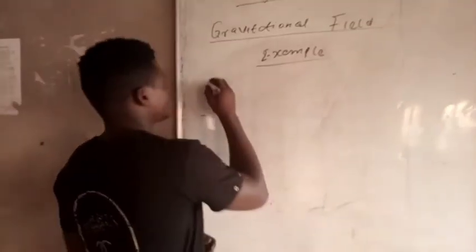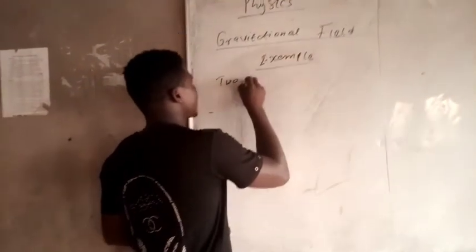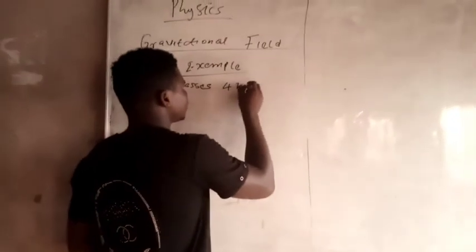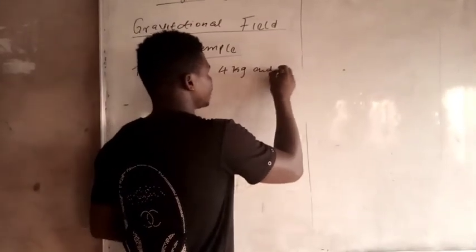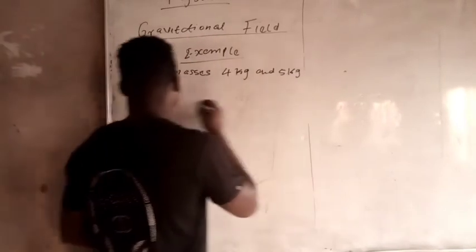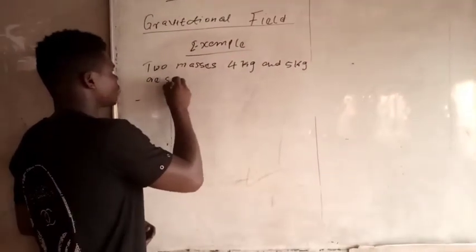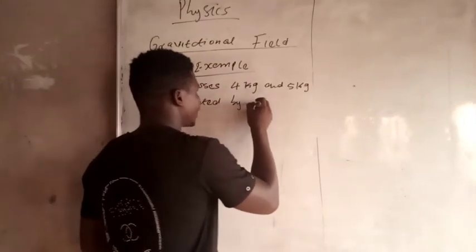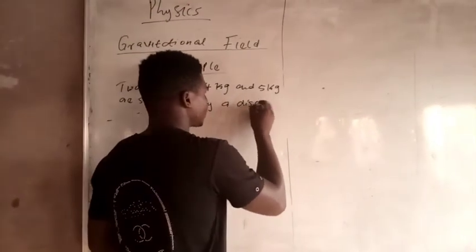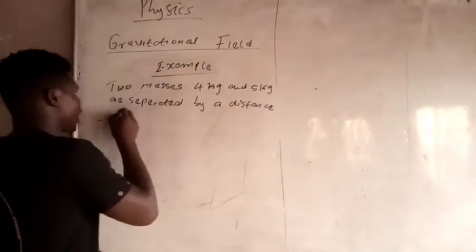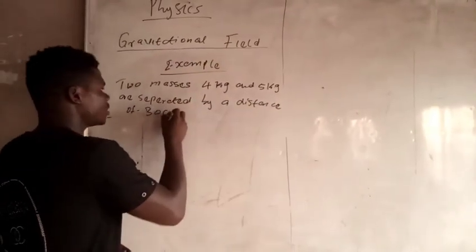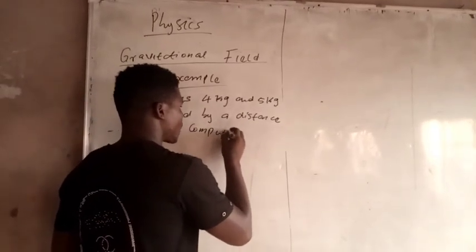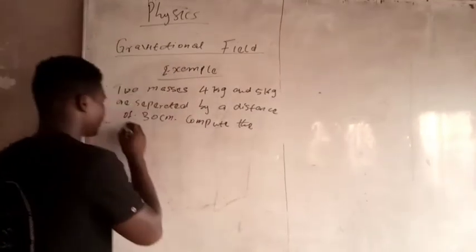Example: two masses, 4 kilograms and 5 kilograms, are separated by a distance of 30 centimeters. Full stop.